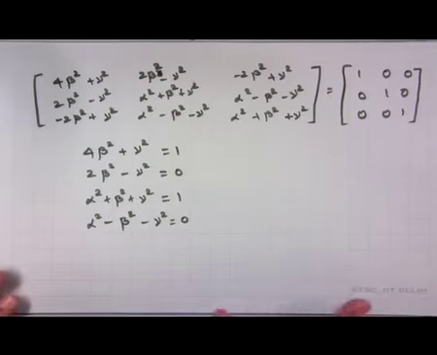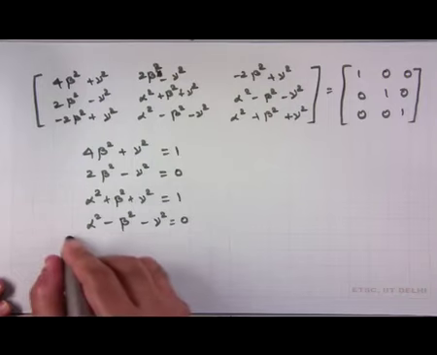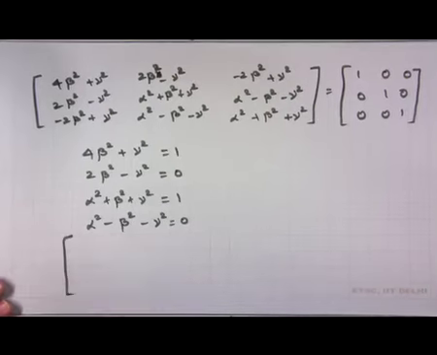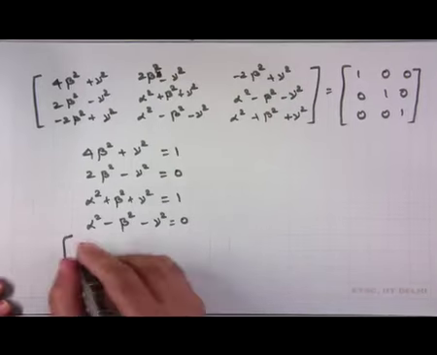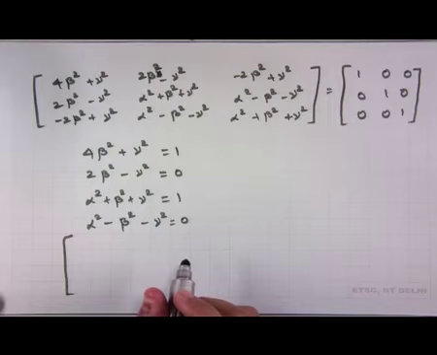Now, let us try to solve them. Let us first write down in the form of an augmented matrix. So, here we have 4 equations with alpha square, beta square, gamma square as the variables.